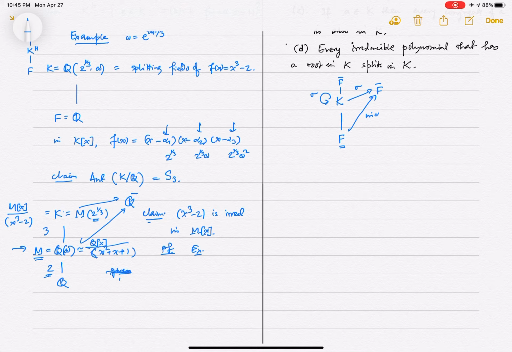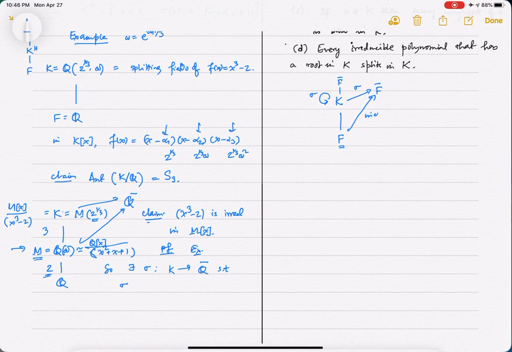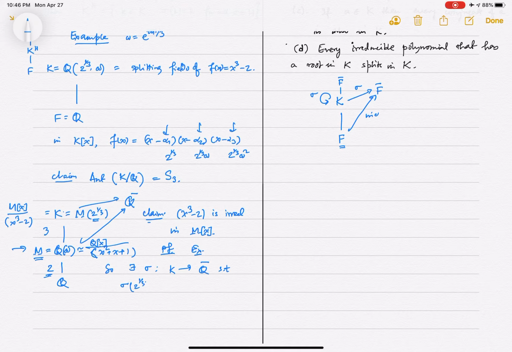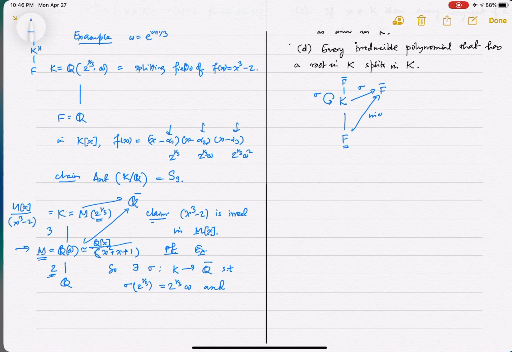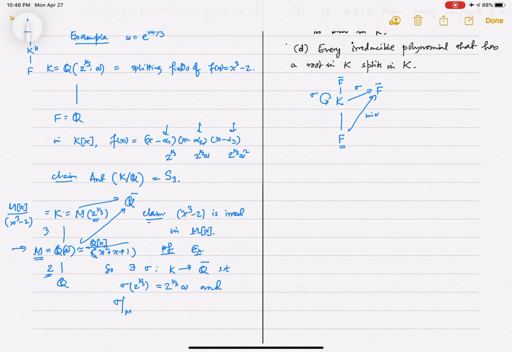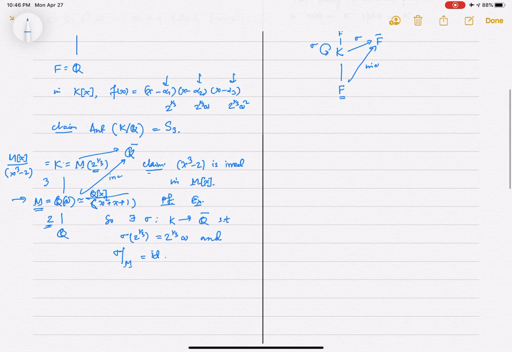So there exists sigma from k to Q bar such that sigma of 2 to the 1/3 is 2 to the 1/3 omega, let's say, and sigma restricted to m is just identity. So I'm extending this inclusion.